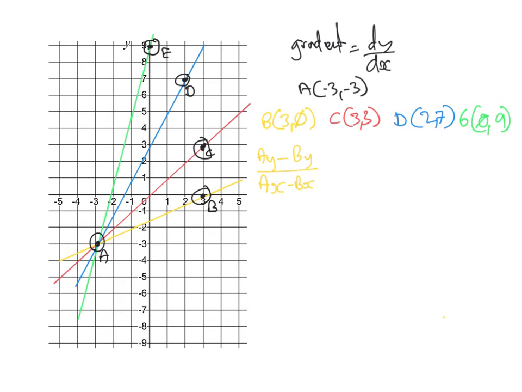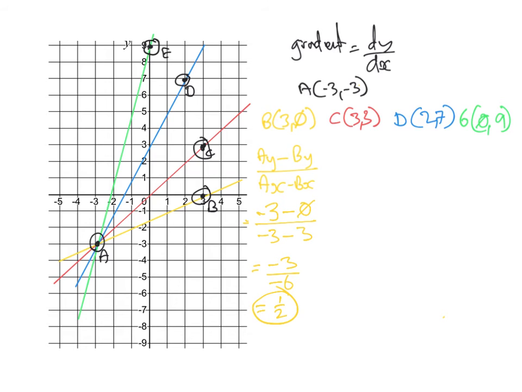The y component of A is negative 3, take away the y component of B, which is 0, all over the x component of A, negative 3, take away the x component of B, which is 3. So that gives us negative 3 over negative 6, which equals a gradient of a half.